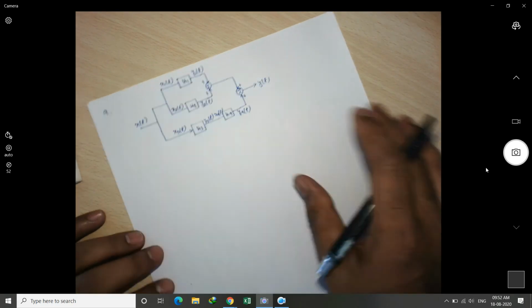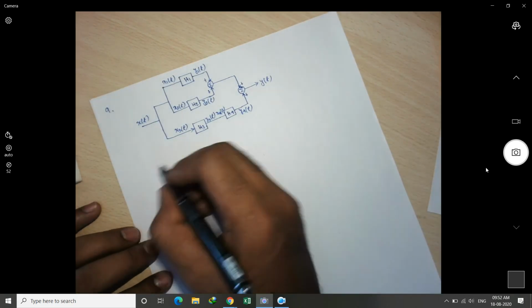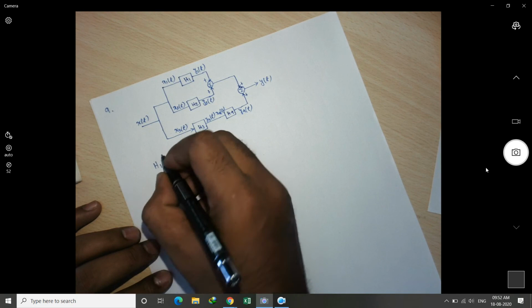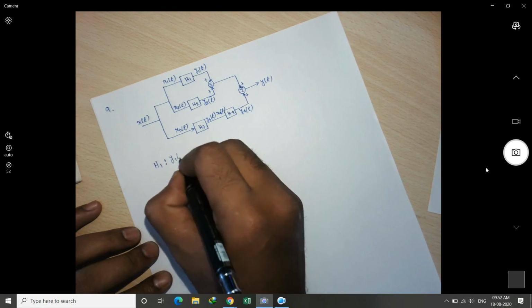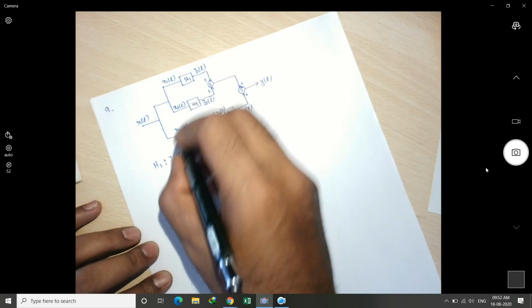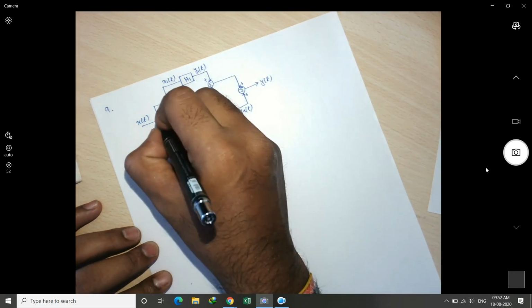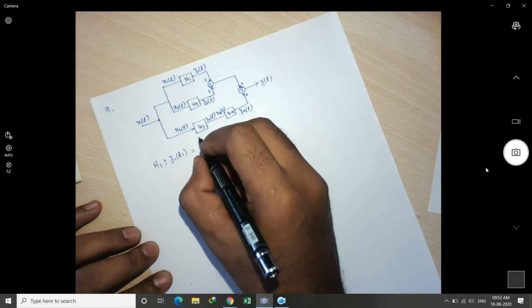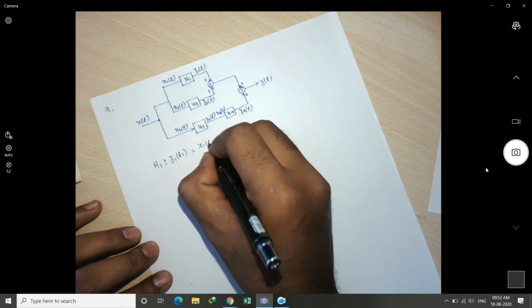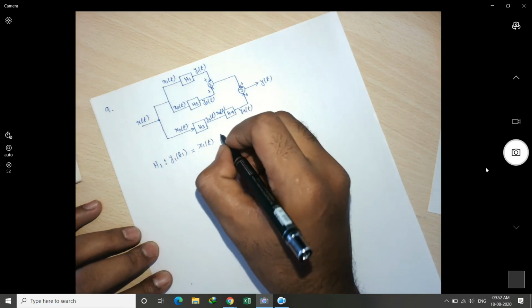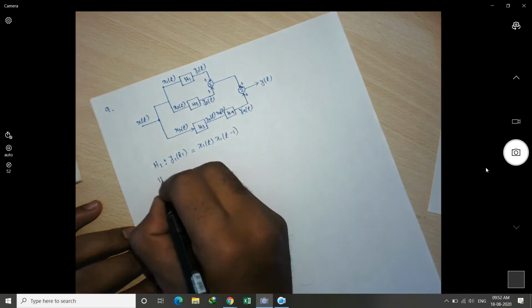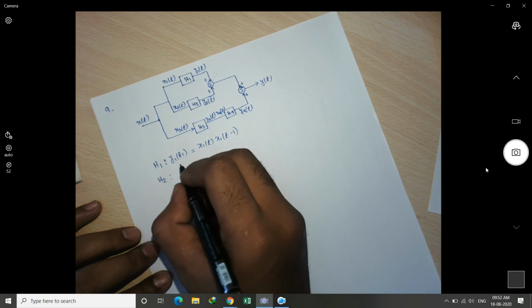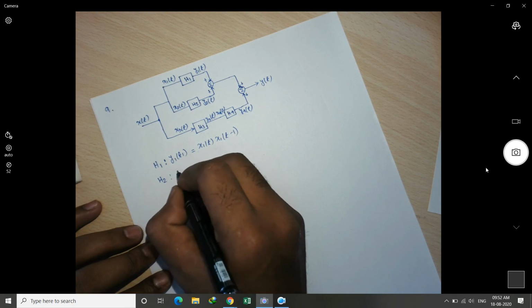Let us consider they have been given the relation for each subsystem. H1 is relating y1t. Obviously from H1 you are getting the output y1t. It is given as x1t into x1 of t minus 1. H2 is the subsystem relating yt and x2t.